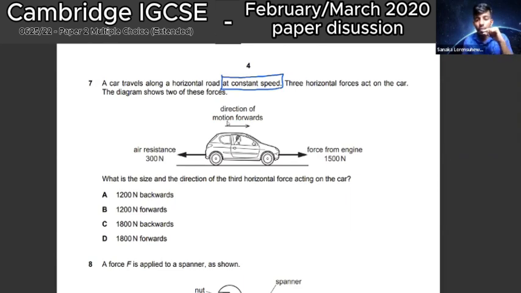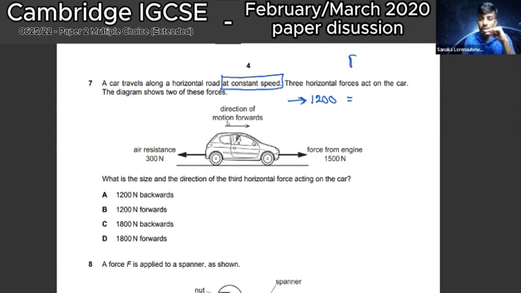In this case, forward force is 1500 and the backward force is 300. Then we can get the difference. How many? 1200. 1200 difference to forward. Then it has a net force. The force difference is 1200.